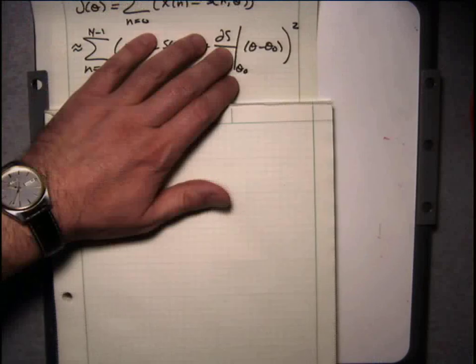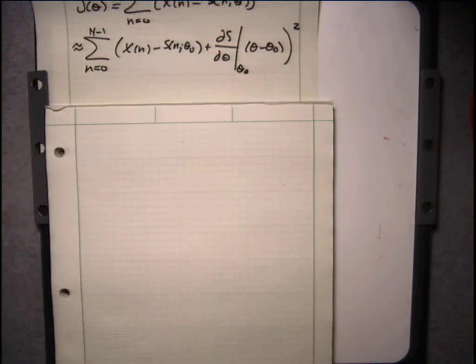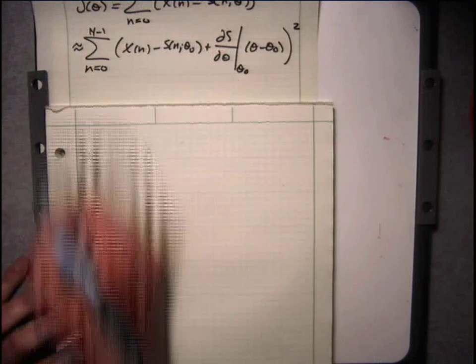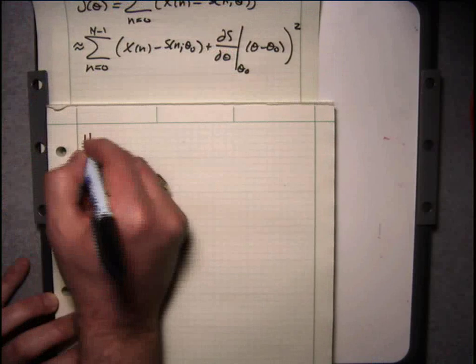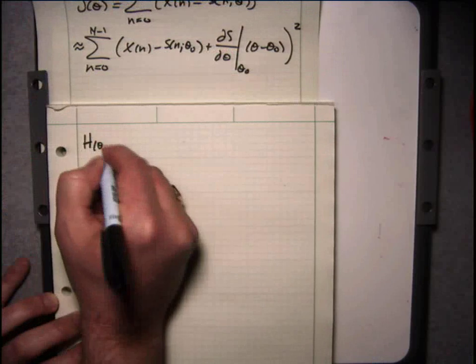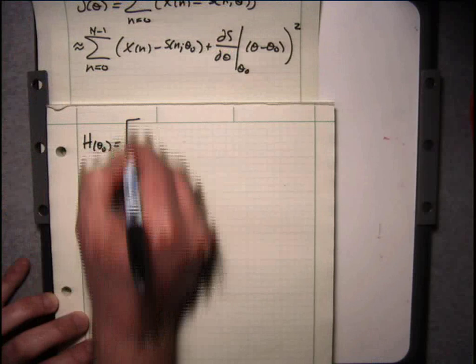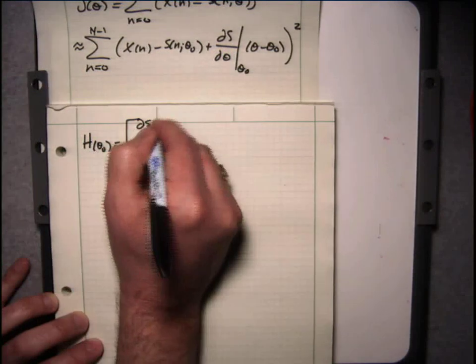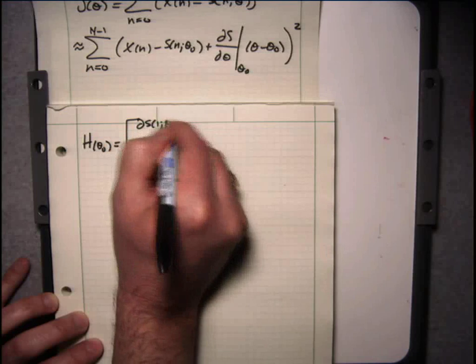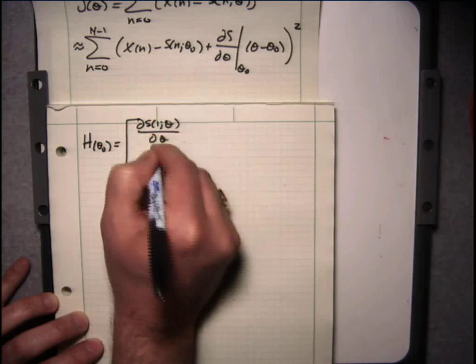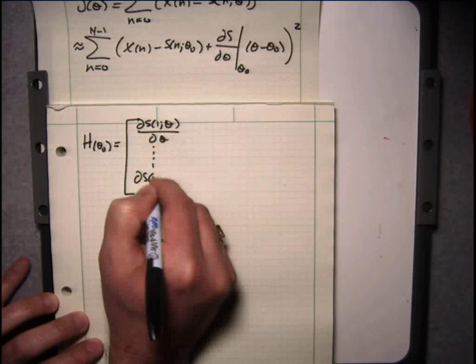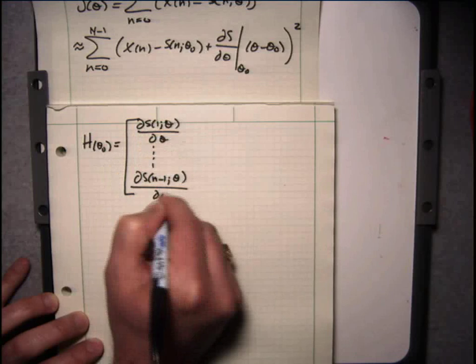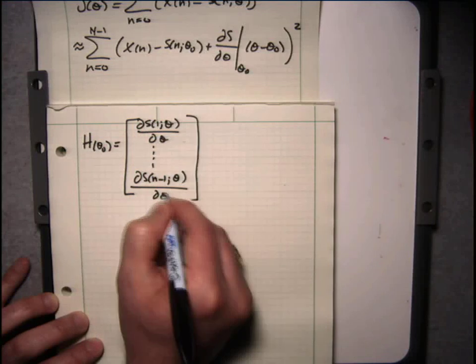All right, so I'm going to go back to writing in terms of the vector notation. What I'm going to do is write H of theta 0. I'm going to define this vector like this: the derivatives of s of 0 of theta with respect to theta, and so on, up to the derivative of s of N minus 1 of theta with respect to theta.